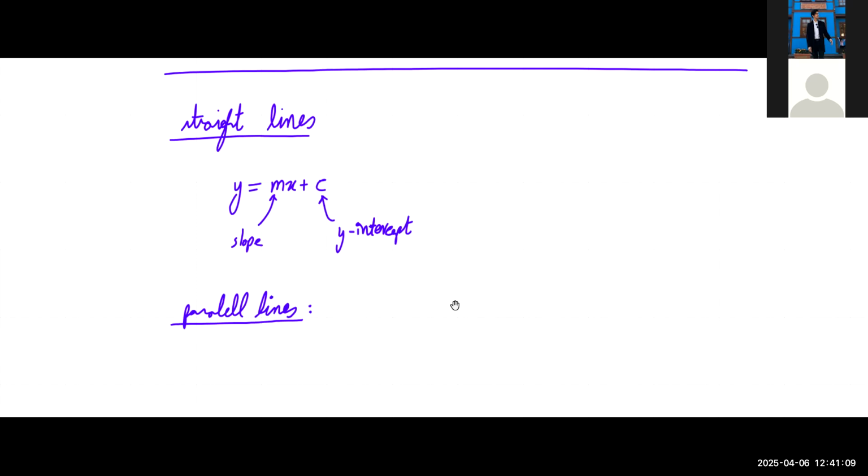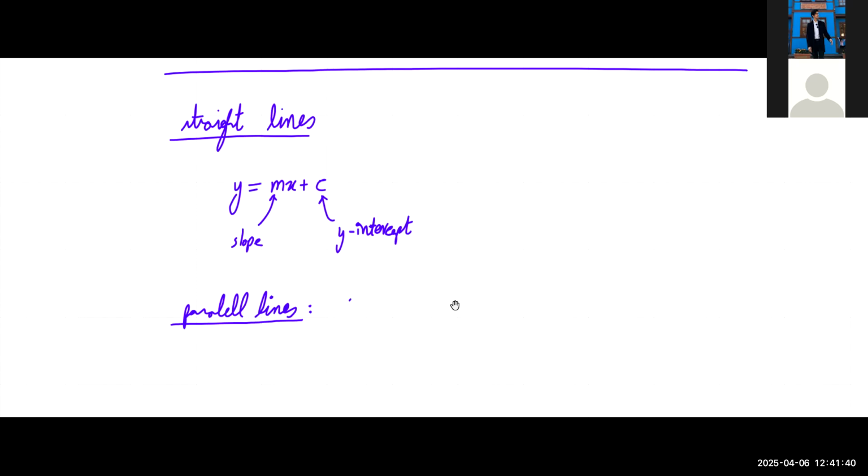Okay, and how will that appear in the equations? How do you check if two lines are parallel by looking at their equation? How will you know that their slopes are the same? They have the same m, exactly. The coefficient of x will be the same in both equations.